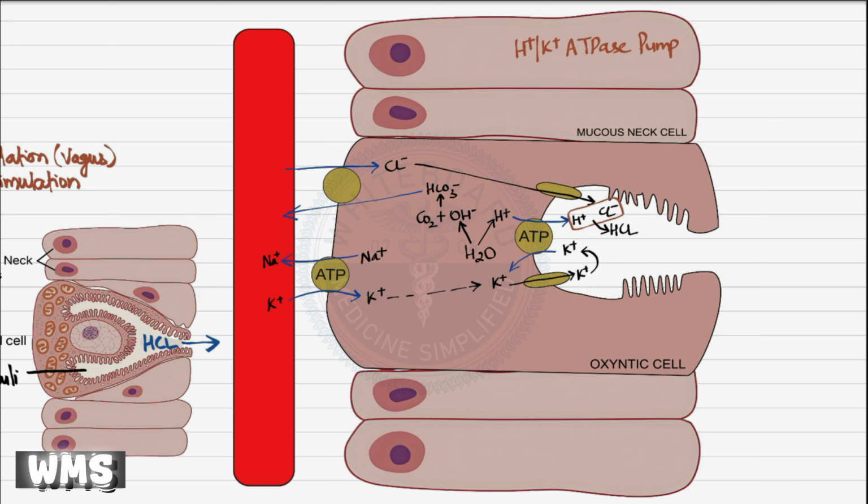So as hydrogen ions and chloride ions are continuously secreted into the canaliculus, the concentration of solutes in this space becomes very high. Now, whenever there is such an increase in solute concentration, water naturally follows. Therefore, water moves from the parietal cell into the canaliculus, and as a result, the secretion becomes a fluid rather than just ions.